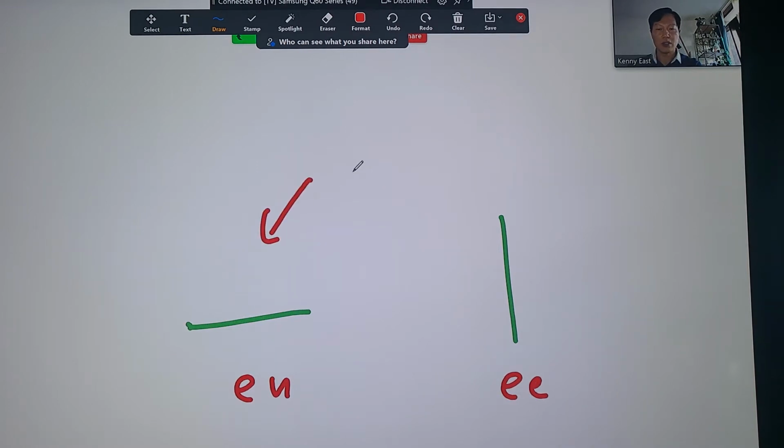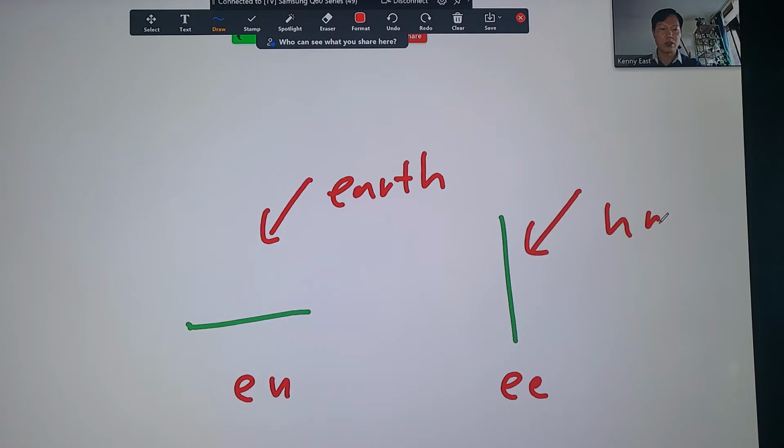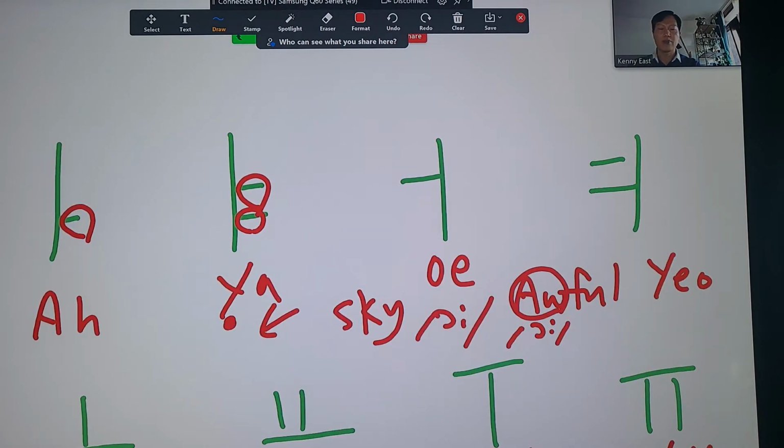Do you remember? This one starts from the earth, and this one from the human standing. We have just learned the 10 basic vowels. These are only alphabet values, not letters yet. So how do we turn these individual vowels into letters?